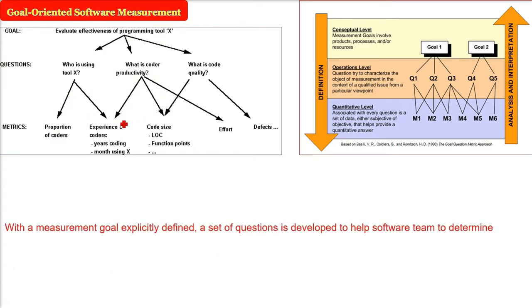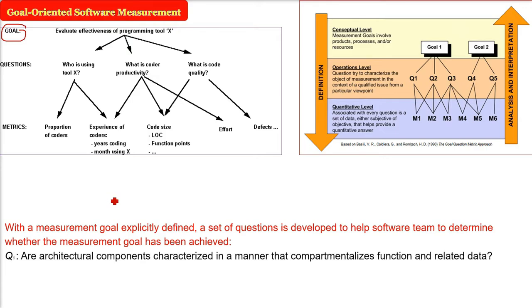With a measurement goal, when we explicitly or specifically define the goal, as we showed you certain questions in the example also, this helps the software team to determine whether the measurement goal has been achieved. Because the goal is defining the question, the question is defining the metrics, and vice versa.